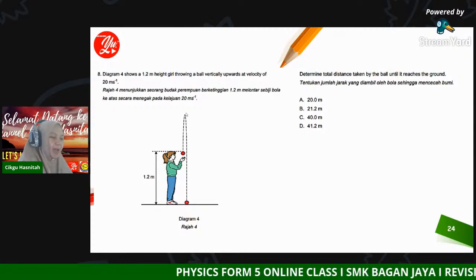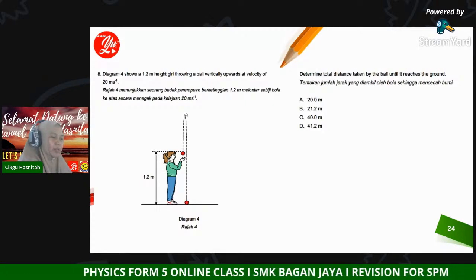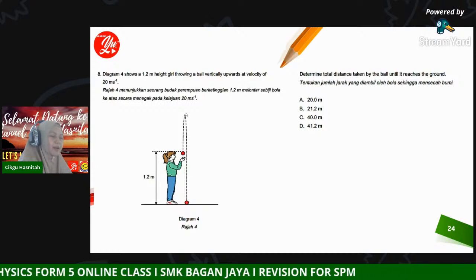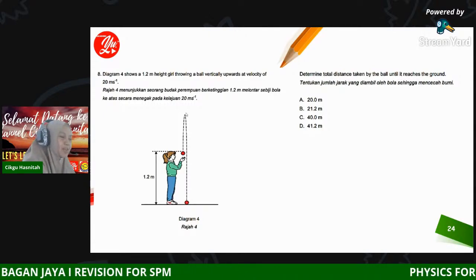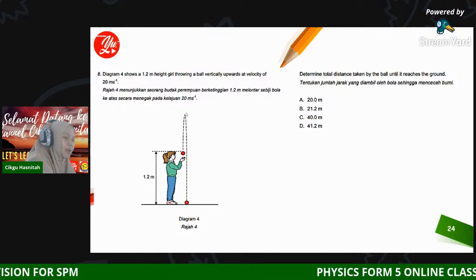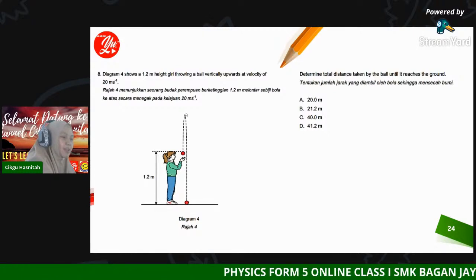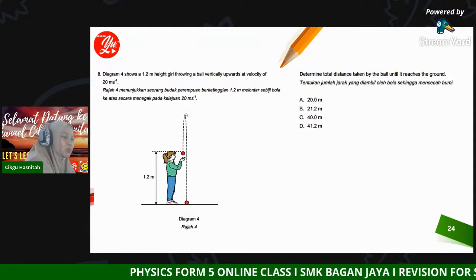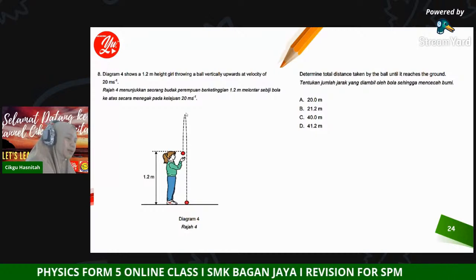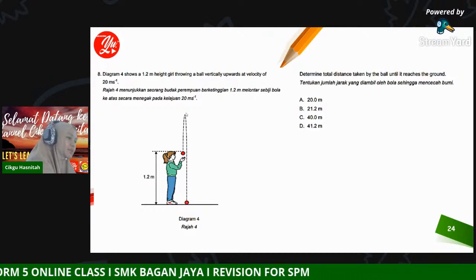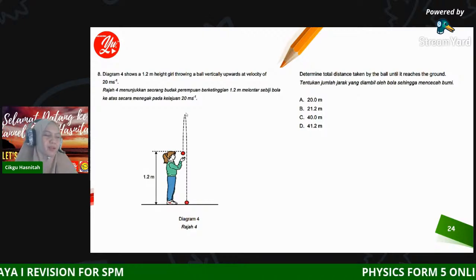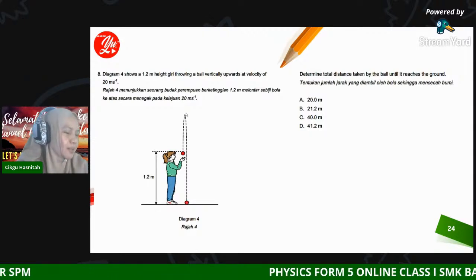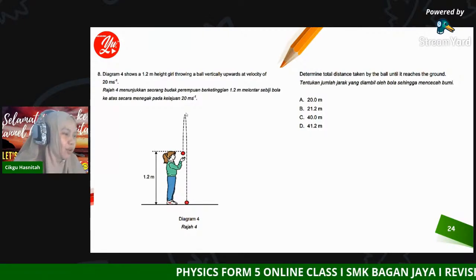So we want to find S where U is 20. Sorry, not this equation, because time is not given. Okay, you can use V squared equal to U squared plus 2AS. Sorry for the wrong equation.